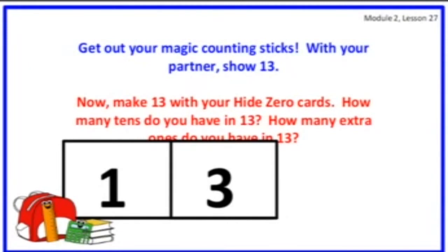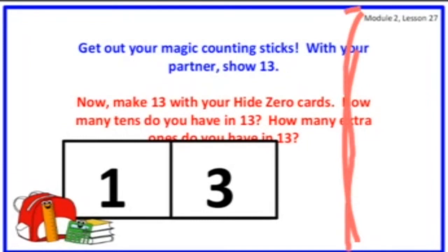Now get out your magic counting sticks with your partner. Show 13. Let's show 13. This is our stick. Once you see a stick like this, it shows what? Ten. Don't forget. How is it ten?